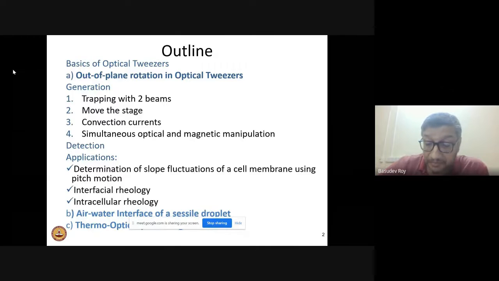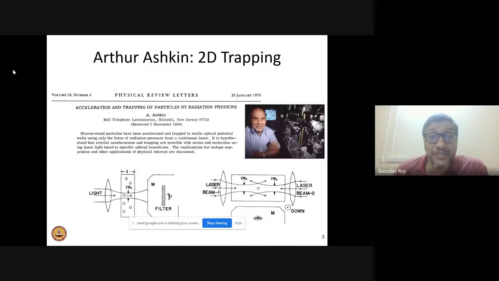Okay. So essentially, what are optical tweezers? It was developed by Professor Arthur Ashkin at that time in Bell Labs. What he did, he was actually trying to put a focused laser beam through a polystyrene sample, and he found that in 2 dimensions, it is confined.